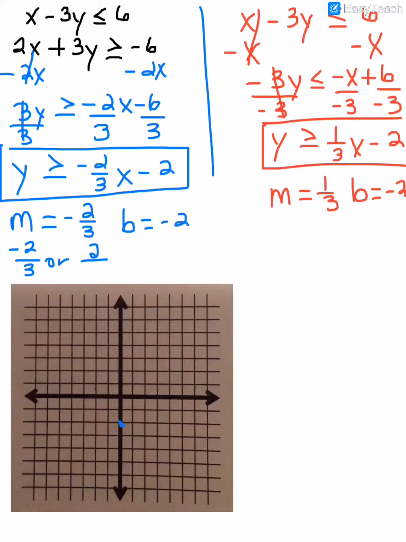So I either go down 2 and to the right 3, or up 2 and to the left 3. I'll look at my inequality symbol to determine whether the line should be solid or dashed. If it has the equal to underneath it, that tells me that my line is going to be a solid line. So I'm going to connect my dots by using a solid line.